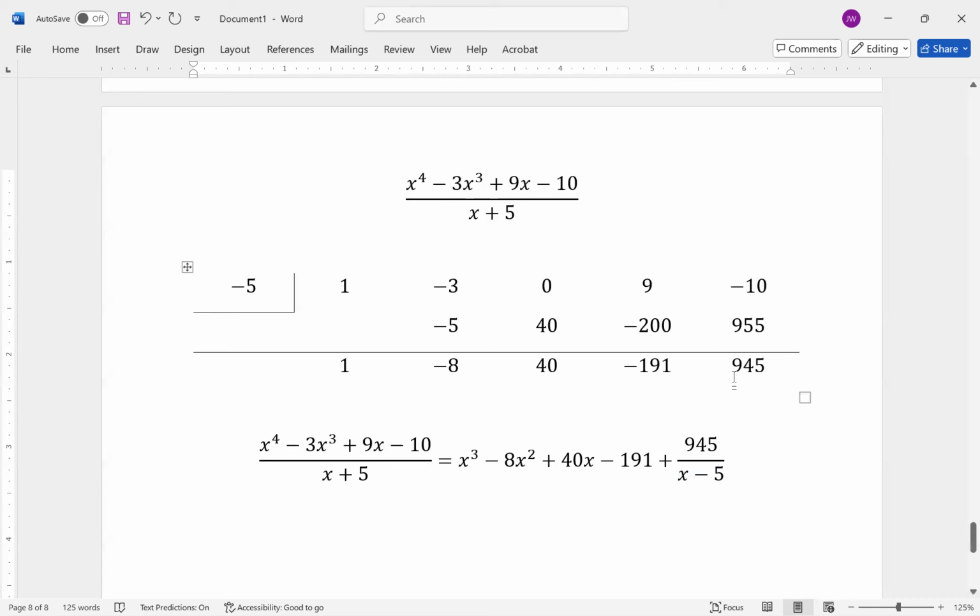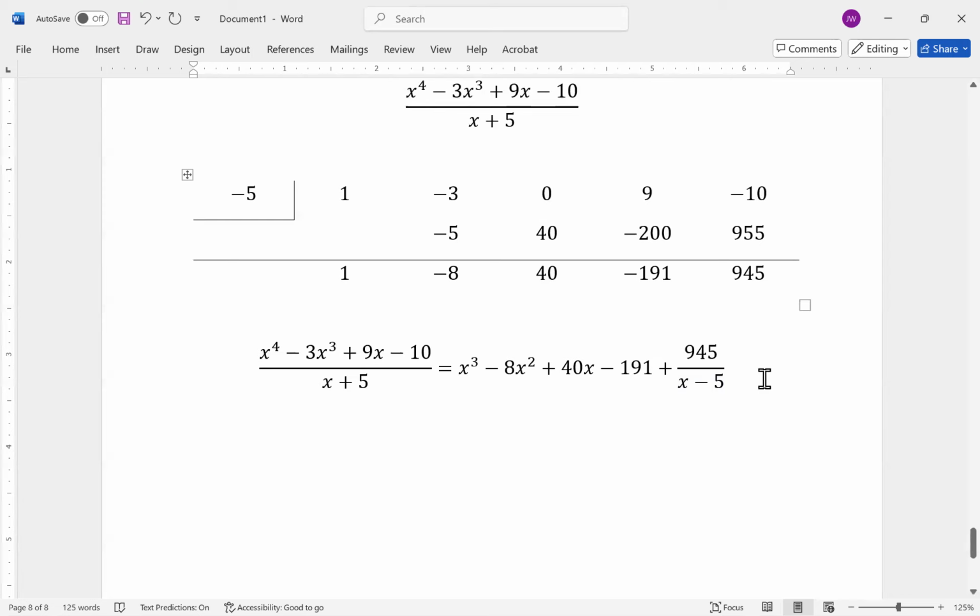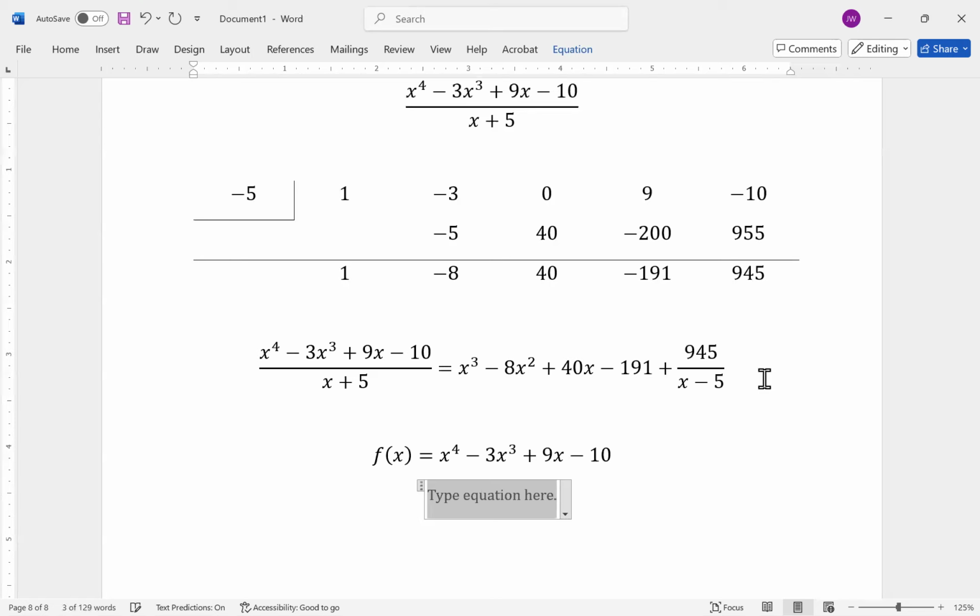And if we had a function, we'll call it f of x, that was x to the fourth minus 3x to the third plus 9x minus 10, and I plugged in -5 into that function, if I've done all my math correctly, I should get 945.